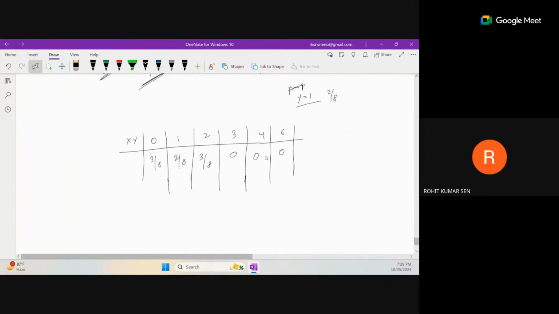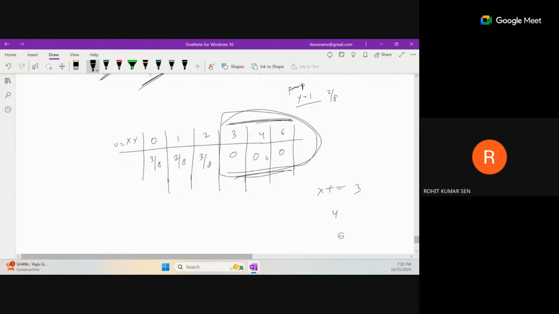Now, if you see, only for these values 0, 1, 2, I have some probability, right? And for these values, I don't have any probability. It is 0 basically. These are not possible cases. My XY cannot be 3, it cannot be 4, it cannot be 6, because my probability is 0. So what is the range of U?